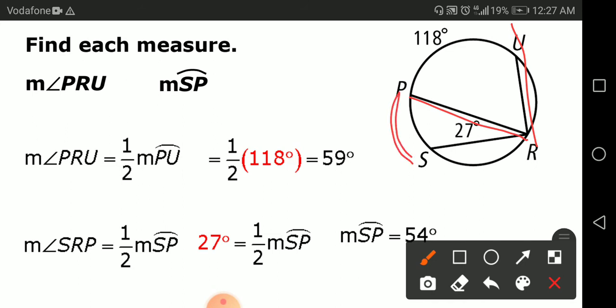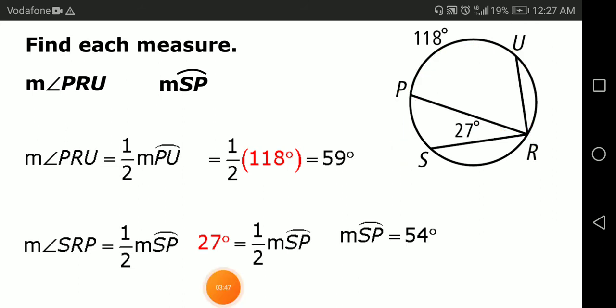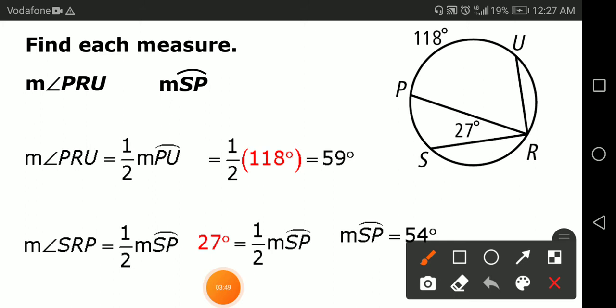We know that angle URP is half of the measure of arc PU. He asks me for PRU, which is half of arc PU. So half of 118 gives me 59. This is 59, guys.